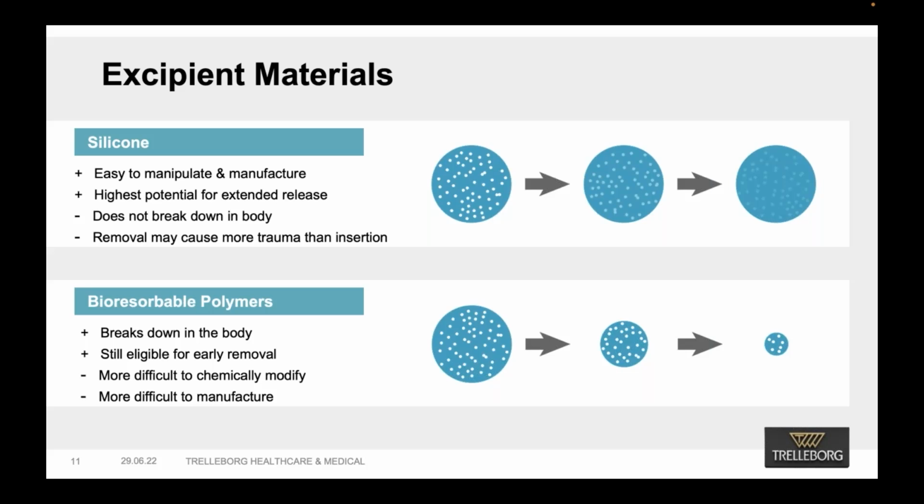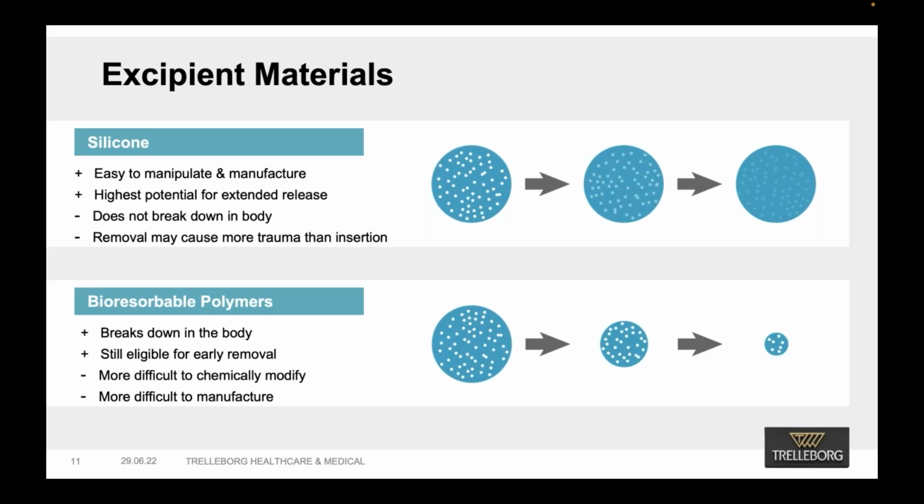The opposite is true, and it is somewhat the advantage for the bioresorbable polymers. These materials will break down in the body, and even though they break down, they would still be eligible for early removal if there's a dosage challenge or something like that that needs to be dialed in for the patient.